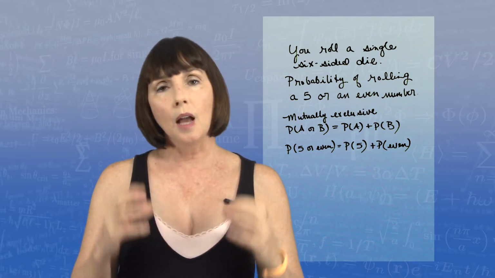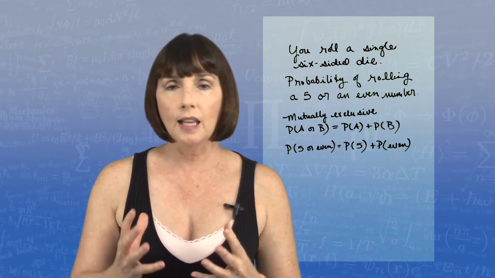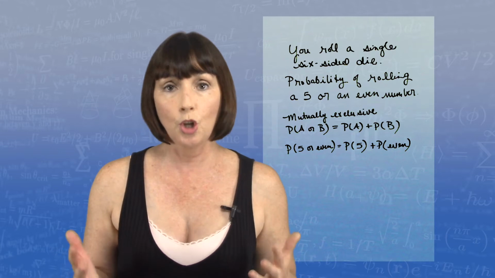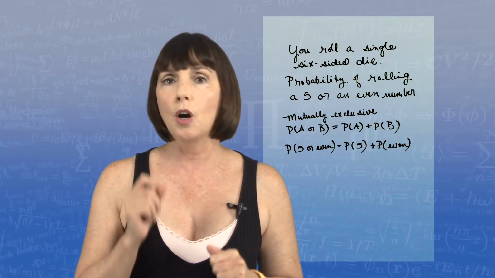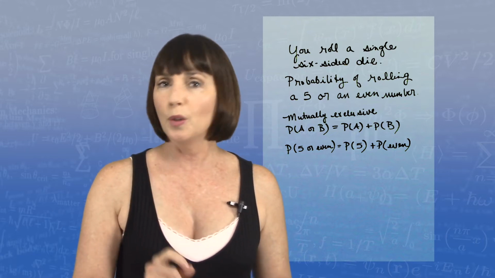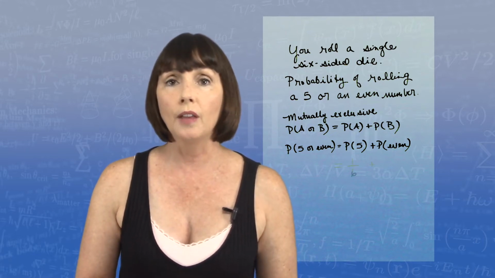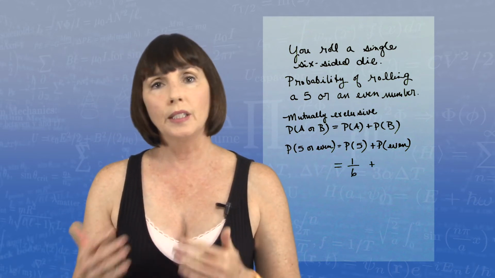All right, in our denominator, we put how many options we have. So it's a six-sided die, the numbers 1 through 6, so there's 6 possible outcomes total. So the denominator is 6. How many of those outcomes are a 5? Just one, only one face on the die has a 5, so the probability of rolling a 5 is 1 over 6. What's the probability of rolling an even number?